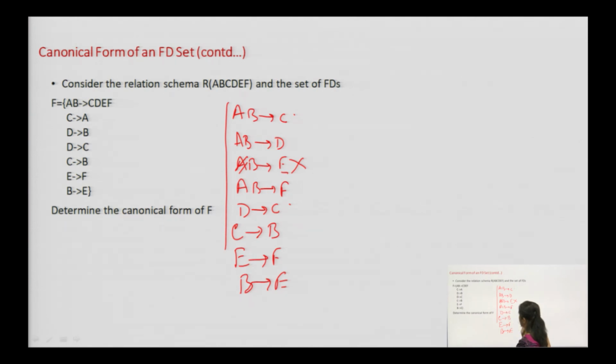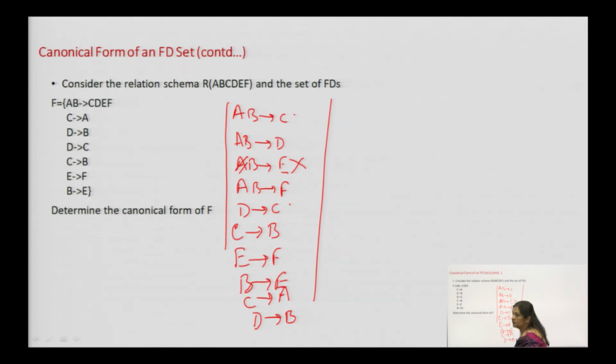AB to F, again there is no extraneous attribute. So, we are left with the FDs AB to C, AB to D, AB to F, C to A, also C to A, then we have D to B, D to C, C to B, E to F, and B to E.